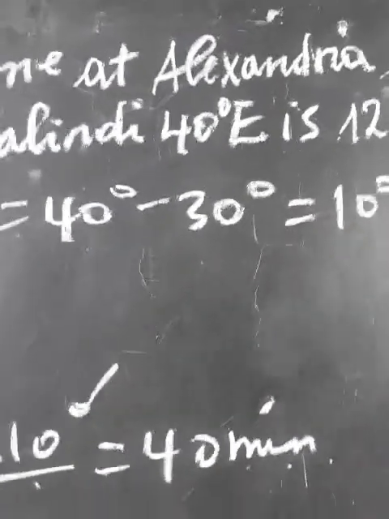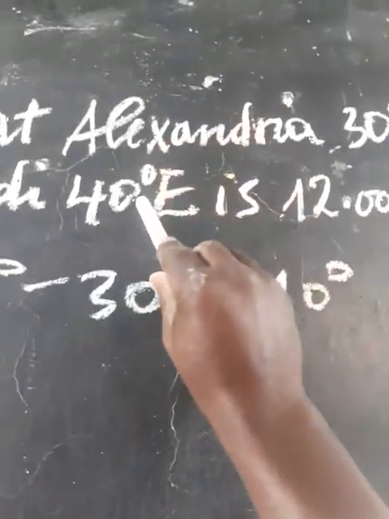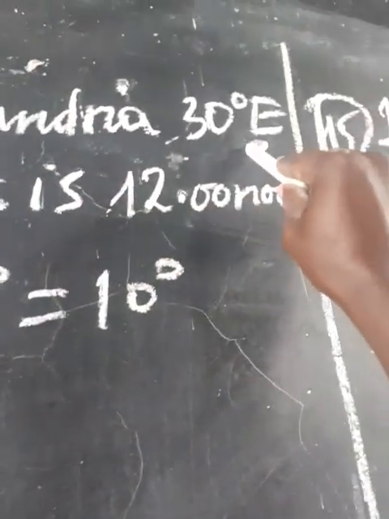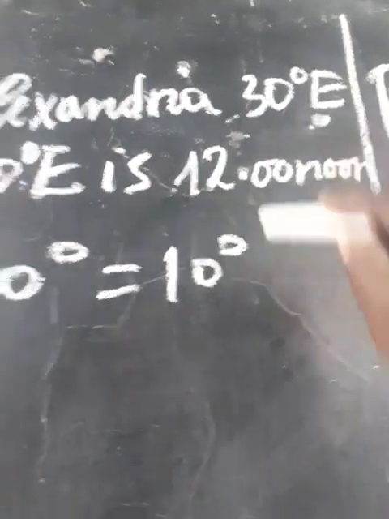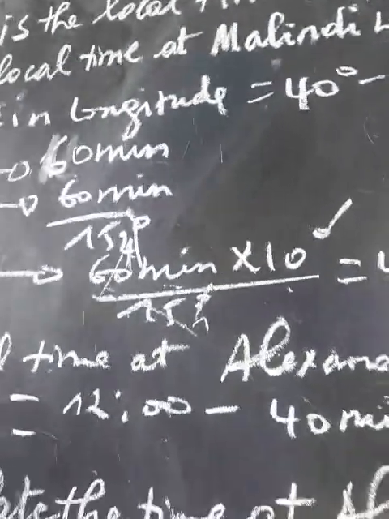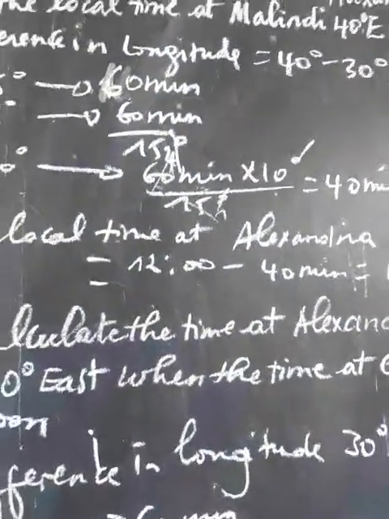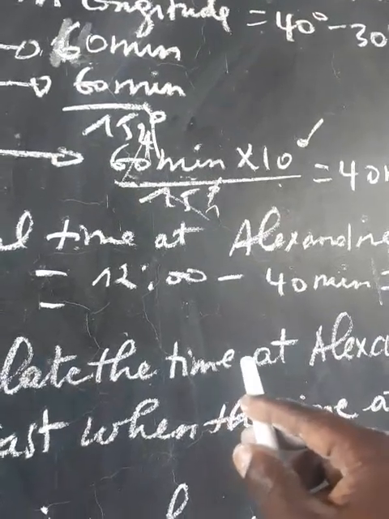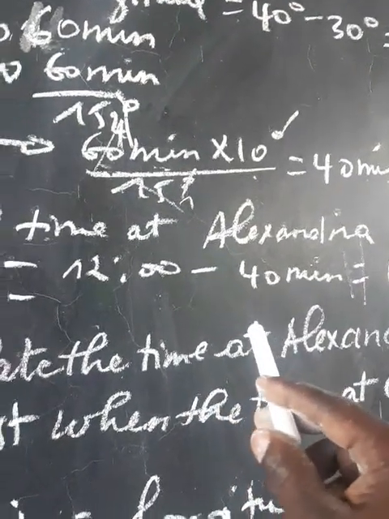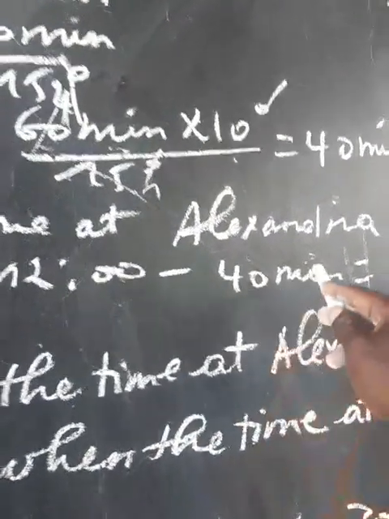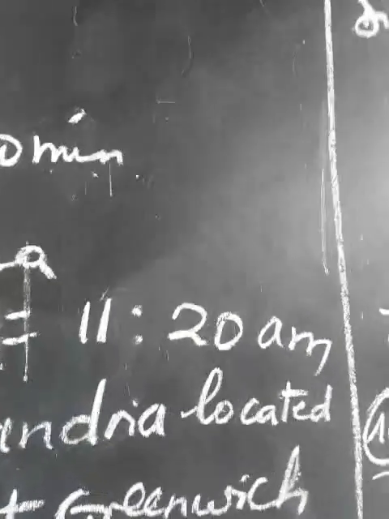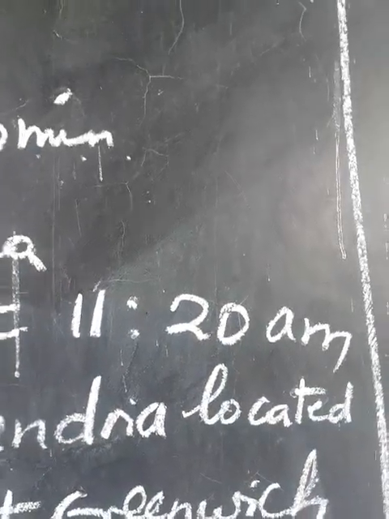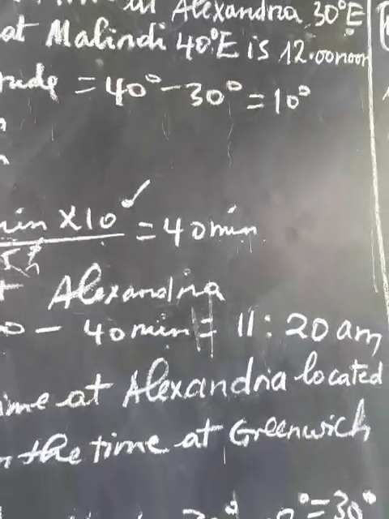So it means when we are coming from this 40 degree east going to this 30 degree east, the hours are decreasing. That's why we are going to take 12 noon given, and this 12 is for Marine, minus 40 minutes. And then we get 11:20 a.m. So therefore the answer is that one.